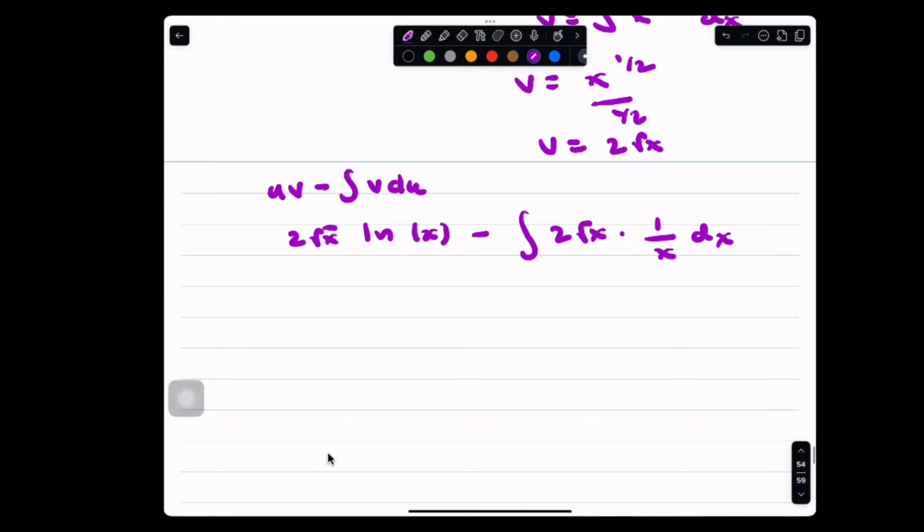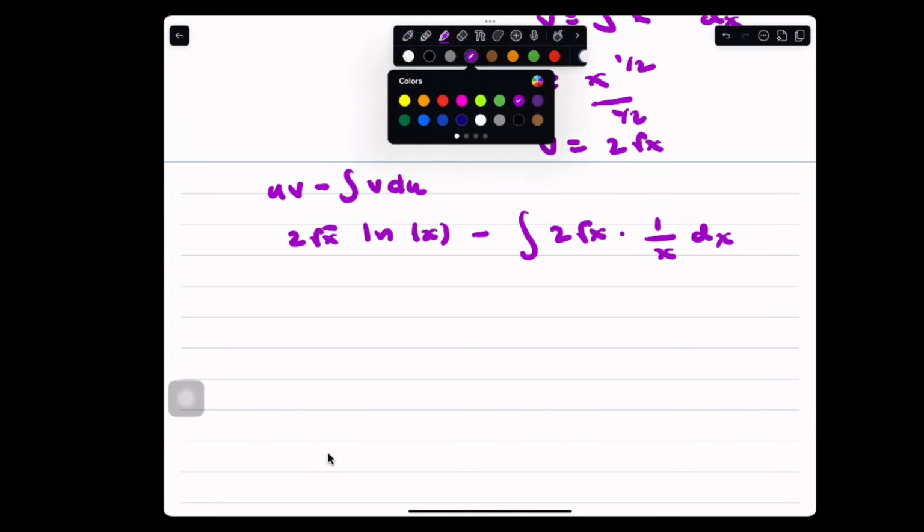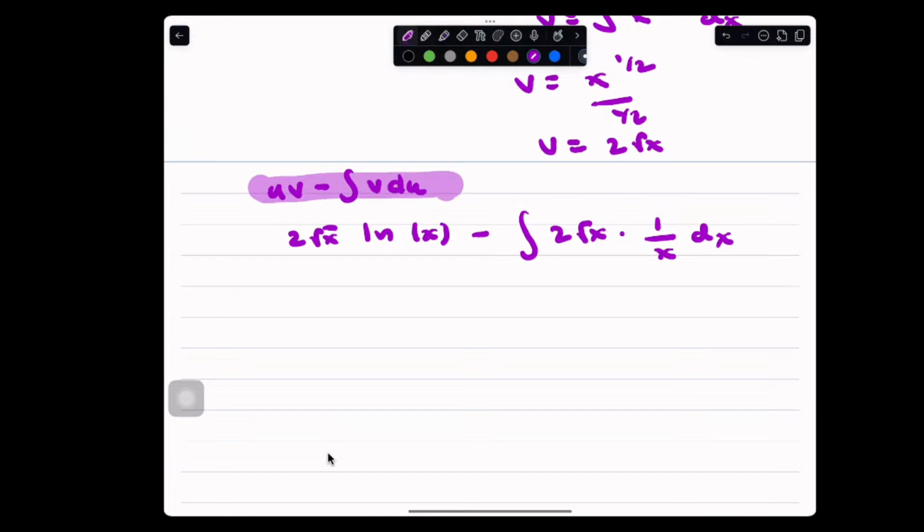Okay, IBP. Two square root of x natural log x minus 2, and then we'll have square root of x over x dx.